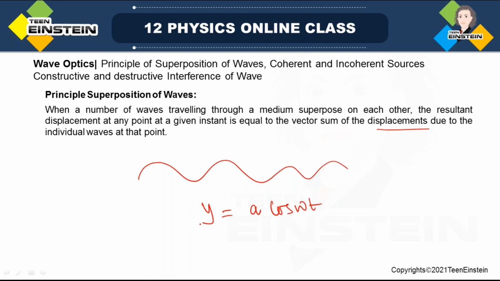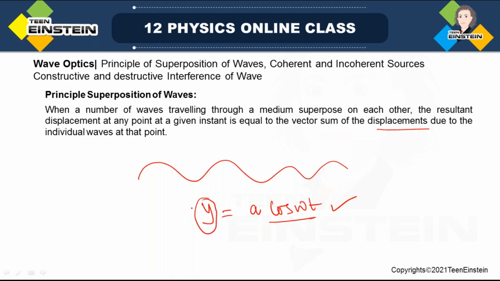You know what this is, what is y, what is a, what is omega, and what is this function. We have seen in class 11th that any periodic wave can be expressed in terms of cosine or sine, as a sinusoidal wave. So that part is this cos or sine or whatever comes.